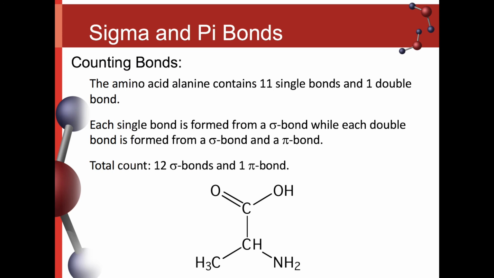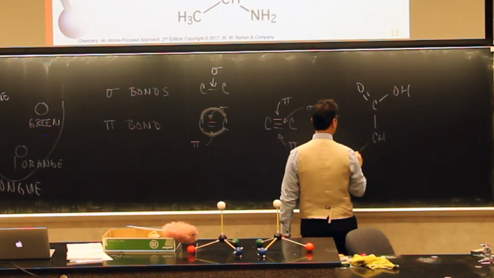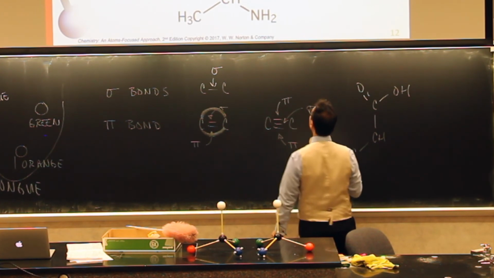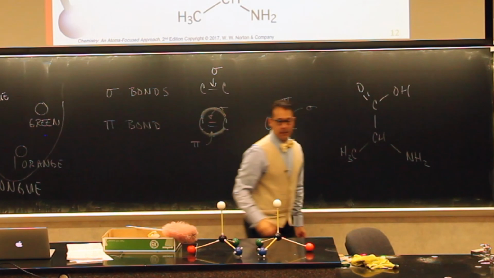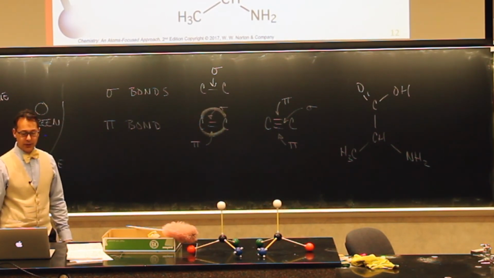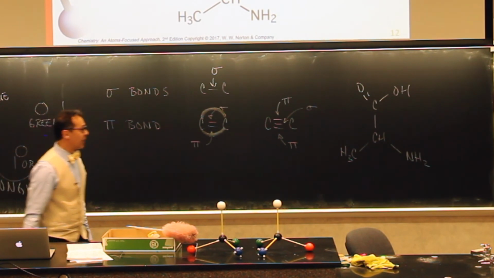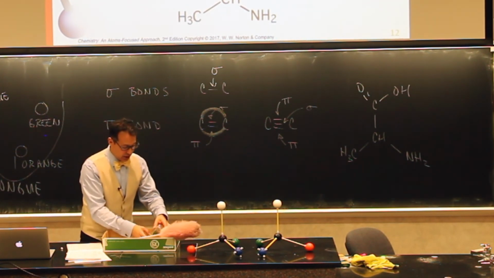On this molecule, we've got carbon, double bond oxygen like this, and then OH like that, and then CH, and then CH3, and then NH2. Now, it tells us here, total count is 12 sigma bonds and 1 pi bond. Let's see if we can find these.